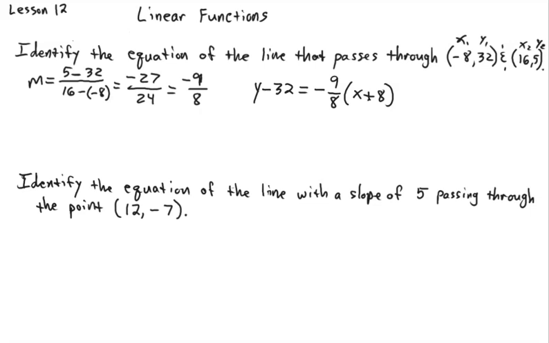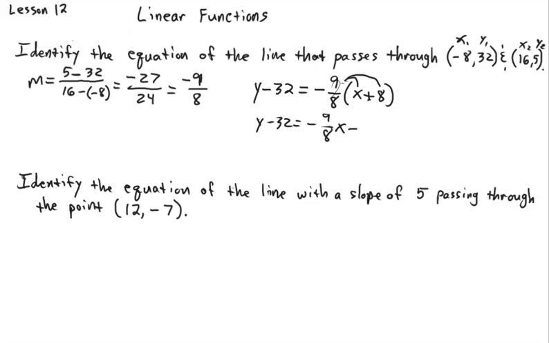And what we're now going to do is convert this into slope-intercept form, and here's the way we're going to do it. We are going to distribute the slope, the negative 9/8, into the x plus 8. Okay, so we're going to have y minus 32 is equal to negative 9/8 times x, which is just negative 9/8 x. And so we can already see our mx here for the slope-intercept form. Negative 9 over 8 times 8, well, we're multiplying by the denominator, so it's going to cancel the denominator.